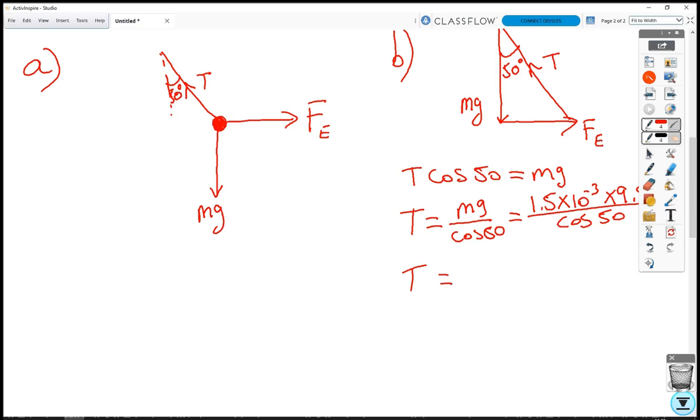So that's 2.3 times 10 to the minus 2 newtons, written in standard form.